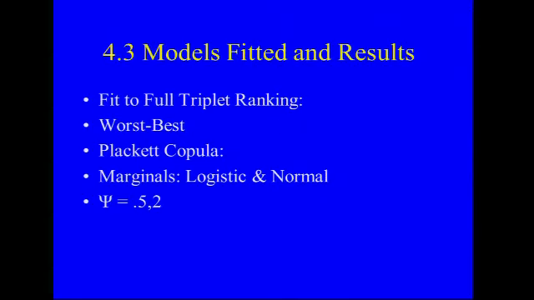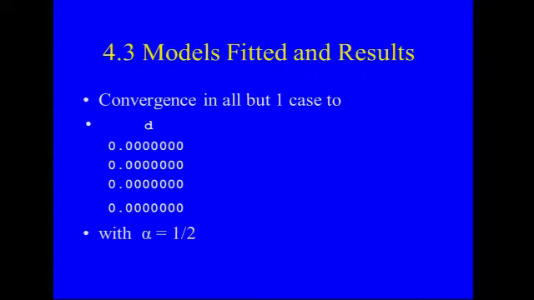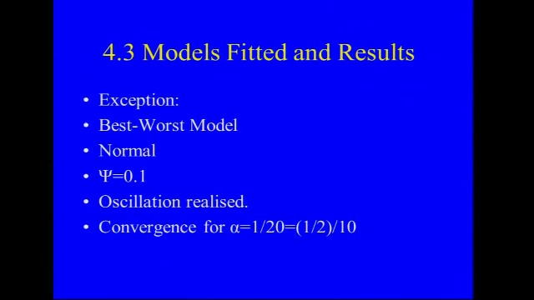Then the full triplet ranking for the worst-best scenario, just for 2 values of psi, and first preference, two values of psi. You get convergence fairly quickly. I'll make comments about that later, but I keep it going until we get the first order derivatives to 0 to 6 decimal places.